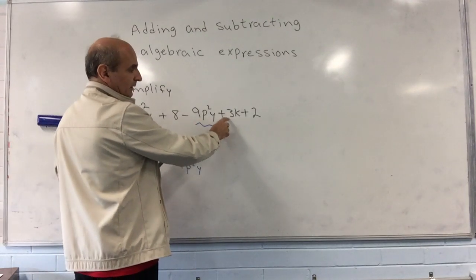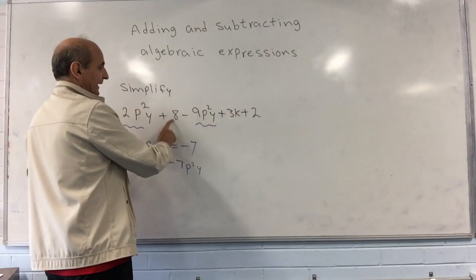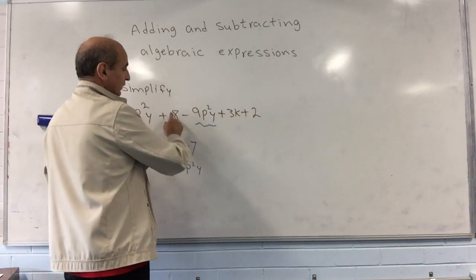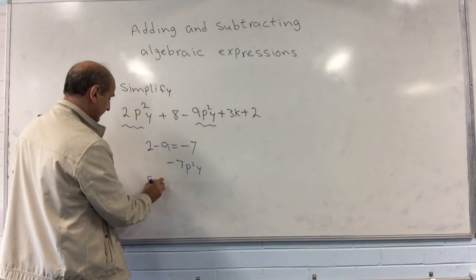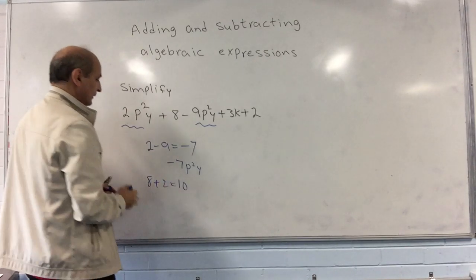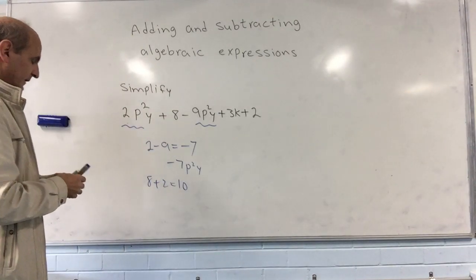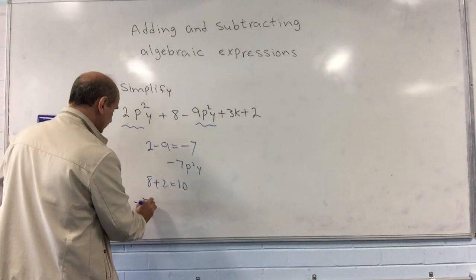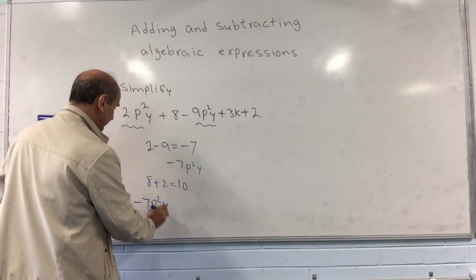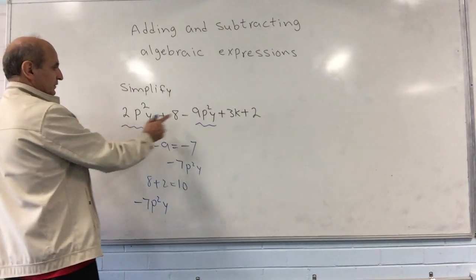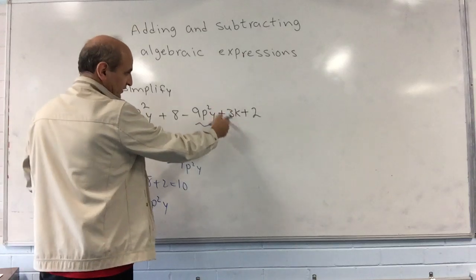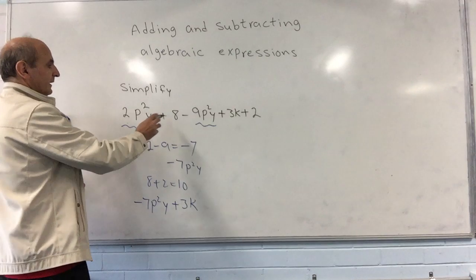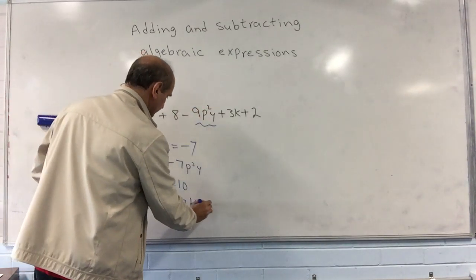The 3k has no like term, so it is going to stay. But 8 and 2: this is positive 8 and this is plus 2. So 8 plus 2 is 10. Then your final answer is going to be minus 7p squared y, plus 3k, which we don't have any like term for so we keep that, then 8 plus 2 is 10, plus 10.